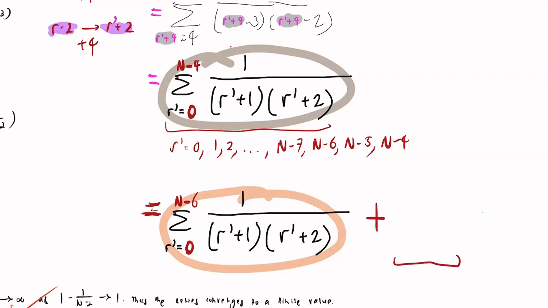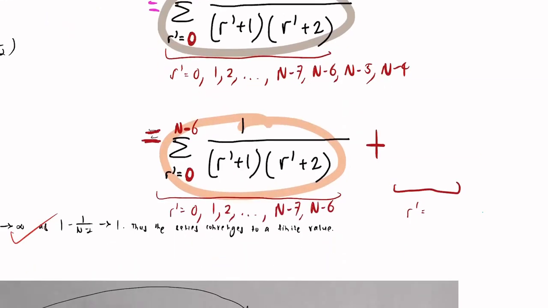What's missing? The r prime equals to what? This summation is from r prime equals to 0, 1, 2 all the way to n minus 6. What else is missing? The n minus 5 term and the n minus 4 term.